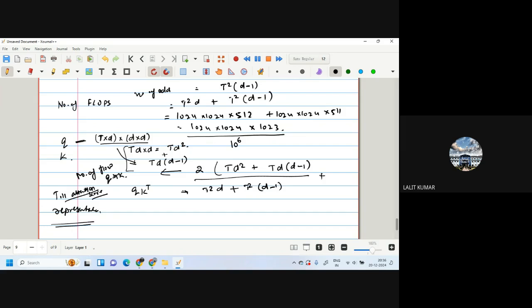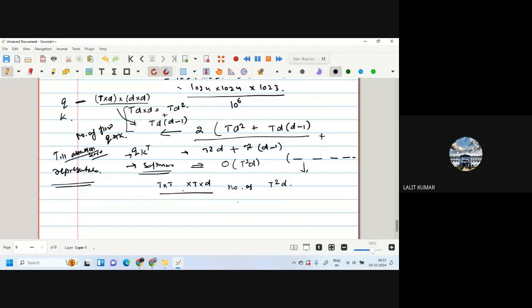Now, after this, you do the softmax also. For softmax, how many operations will there be? It is again T square D, because for everything you are calculating softmax. And for the representation, you now multiply T into T with T into D. So your number of multiplications will again be T square D, and the number of additions will be T square D minus 1.